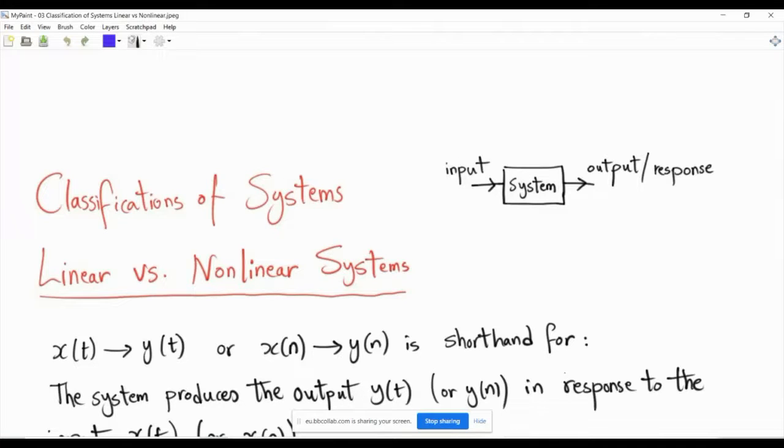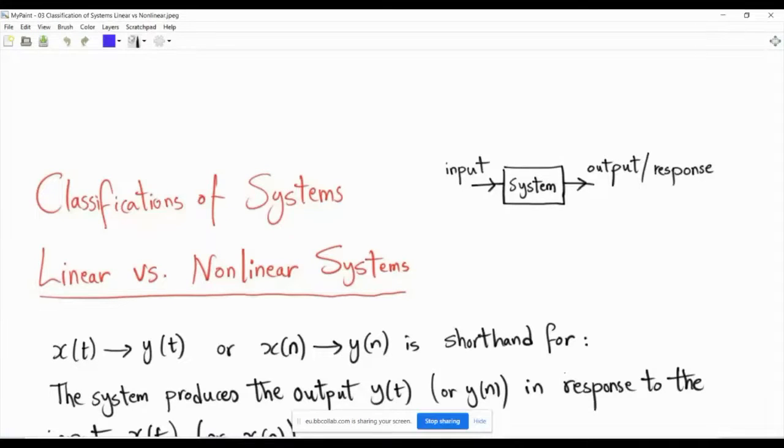Of course, the system can be as trivial as an identity system, which does nothing to the signal. If you give it some x of t, or x of n for discrete-time systems, it will respond with the same input signal. That's a valid system, by the way. The signal is simply reproduced at the output without any change.